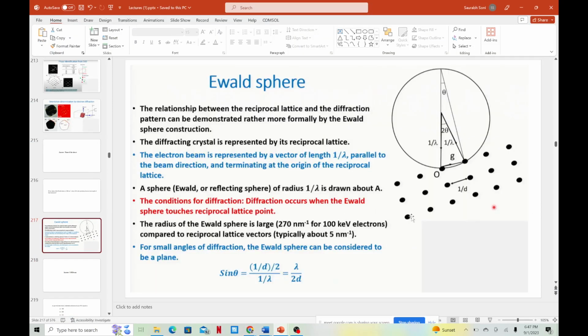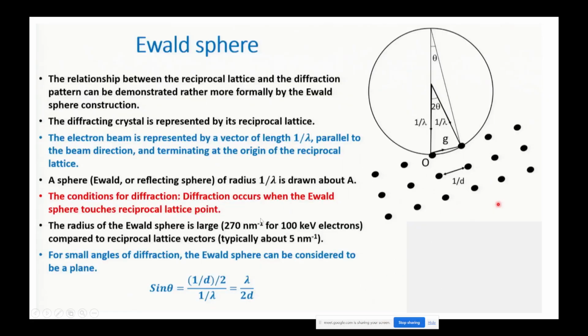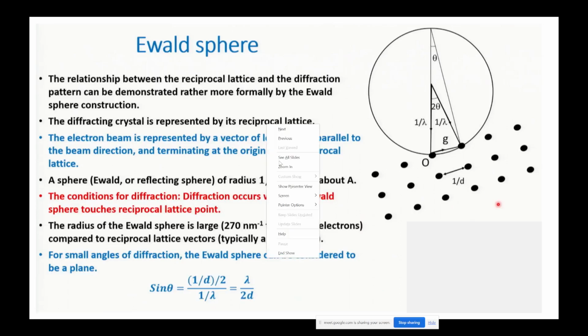Those who have not come up with the right answer, I'll explain very quickly and then we'll go ahead, so that others can also understand in the video. This is your Ewald sphere. It gives the relationship between the reciprocal lattice and the diffraction pattern, which can be demonstrated more formally by the Ewald sphere construction.